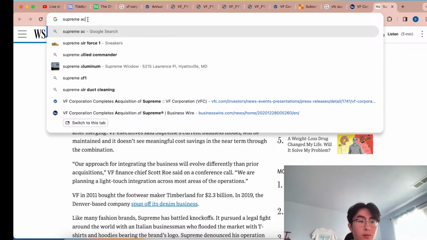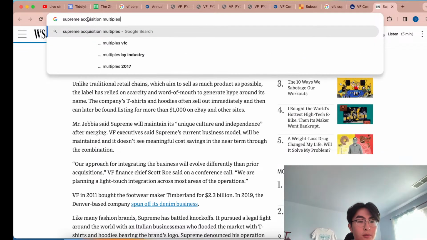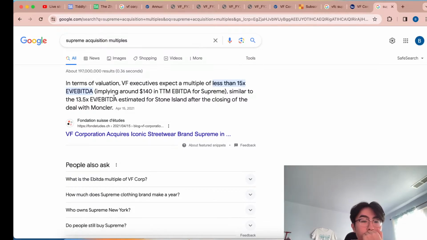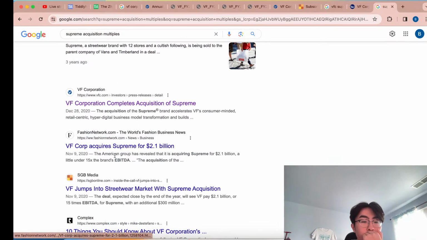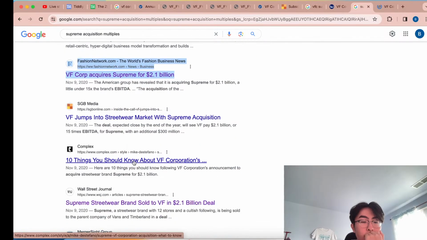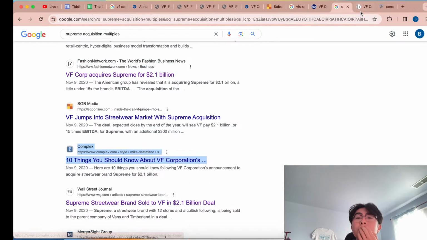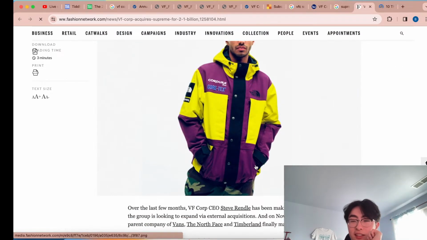Supreme multiples. That's a fire jacket, though, I have to say.